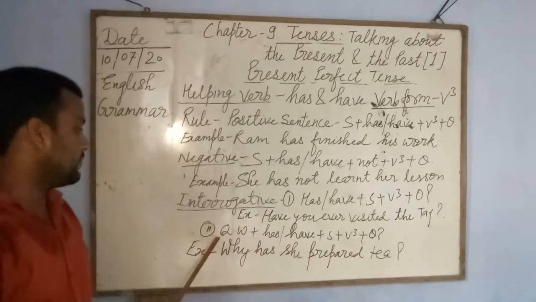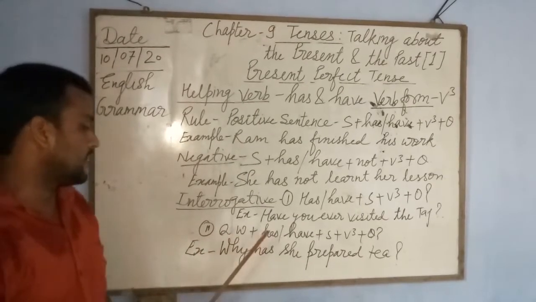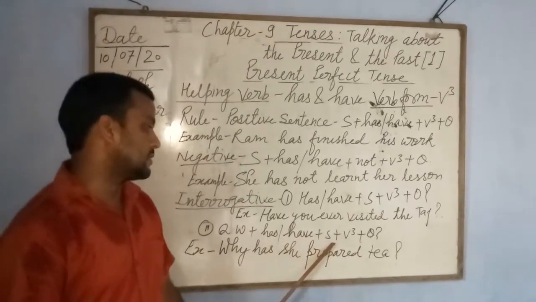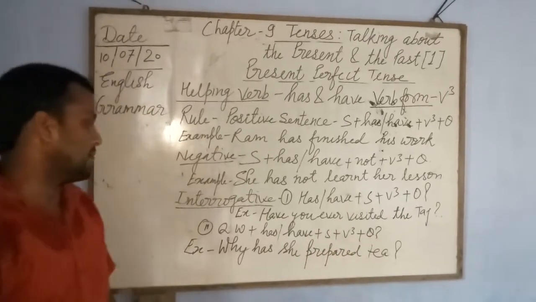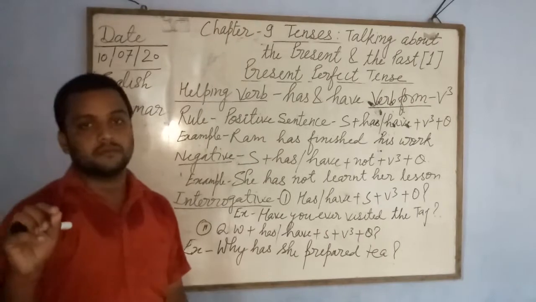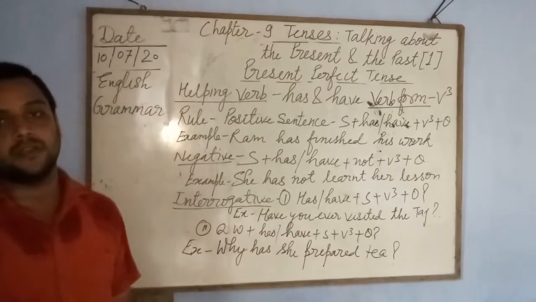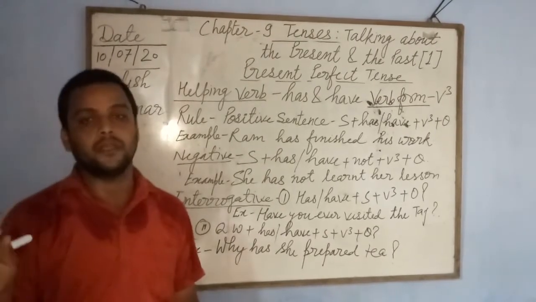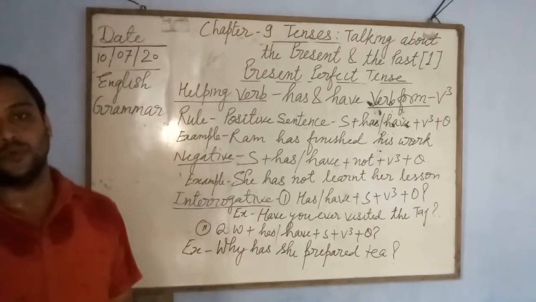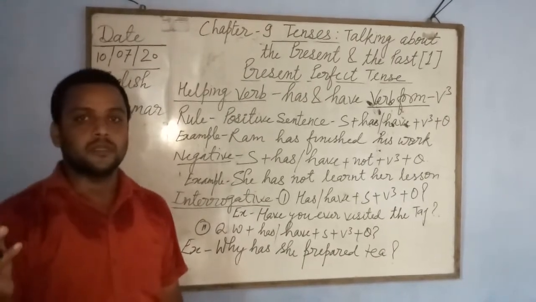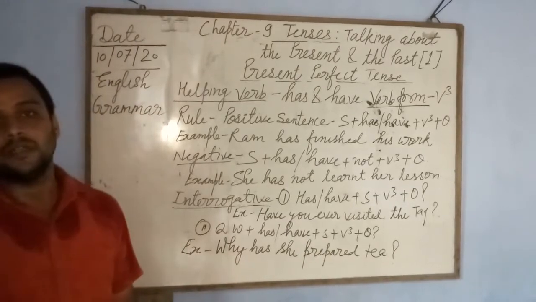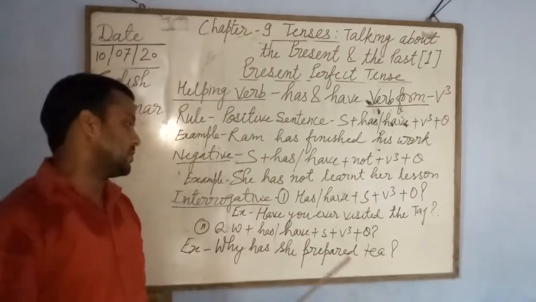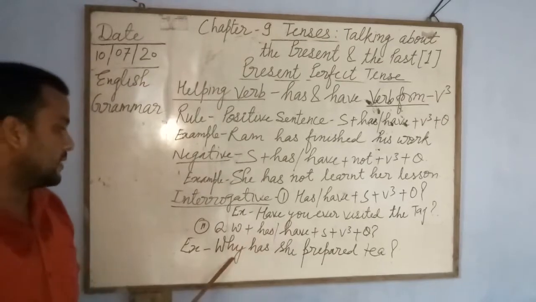In the second type, first of all we write the question word, then has or have, then the subject, verb third form, object, and at last a question mark. If any question word like what, when, where, how much, how many, whose, whom, who comes in the sentence, then it will be placed at the beginning of the sentence.